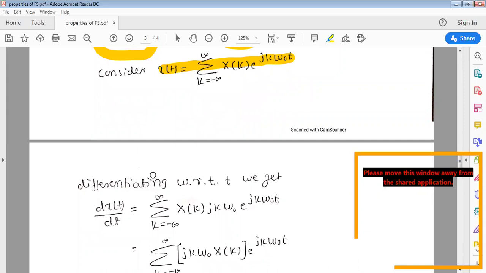This equation just synthesizes x of t from its Fourier series coefficients. So it is one of the two equations. The first equation was obtaining x of k. The second equation is synthesizing x of t from x of k.